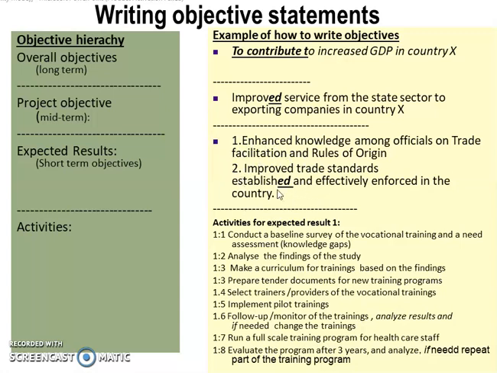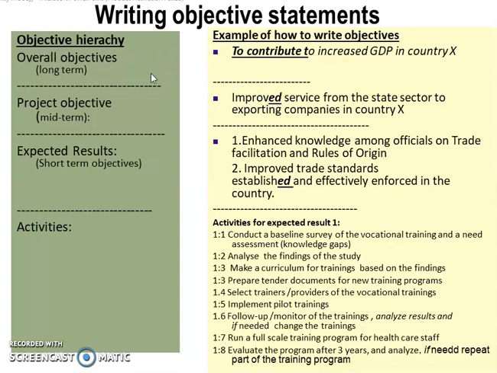The second result is also there, and it has its own corresponding activities as we tried to indicate. And the project objective is there. This, as we discussed in the video, is the objective that a given project tries to achieve: improved service from the state sector to exporting countries in country X or Y. And then this project objective contributes toward the overall objective.